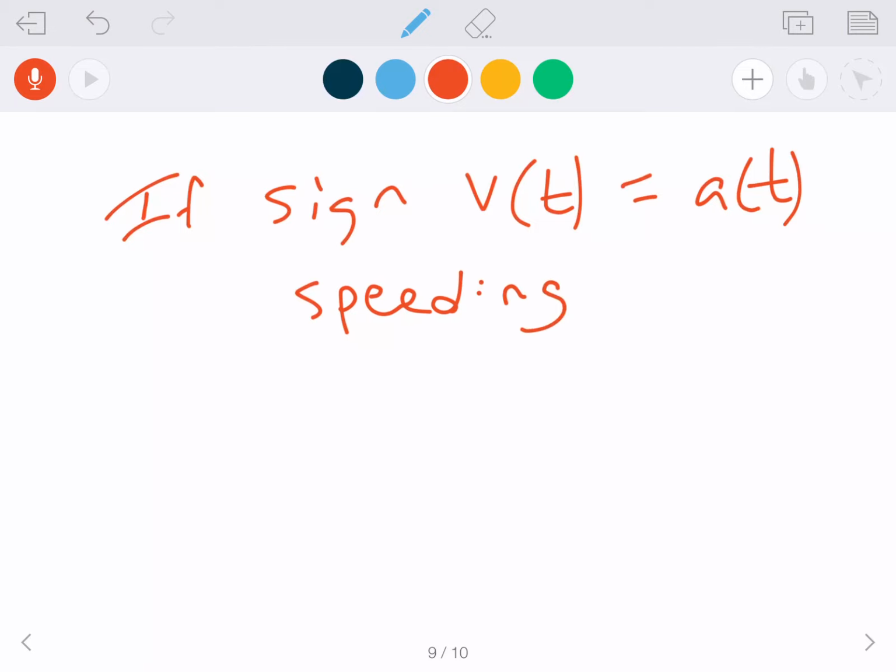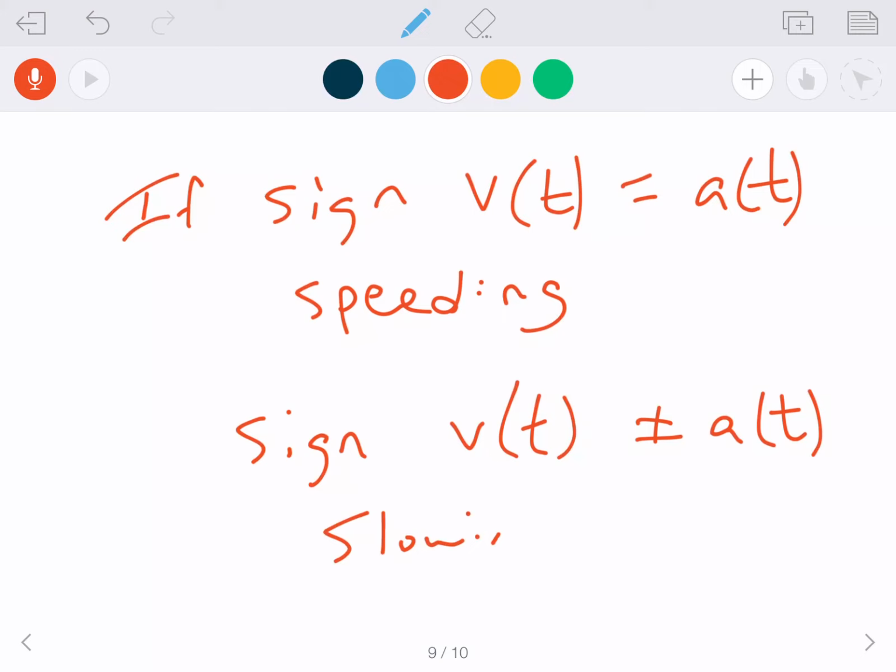And all the positive and negative really means is just our conventions for to the left or to the right of the origin, right? So if they're both positive, it's speeding up to the right. If they're both negative, it's speeding up to the left. If the signs don't match, if the sign for velocity does not equal the sign for acceleration, one's positive, one's negative, doesn't matter which is which, that tells you that the object is slowing down.